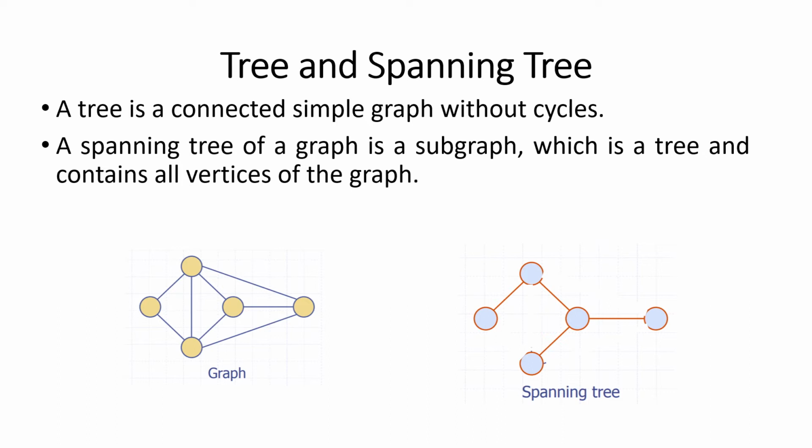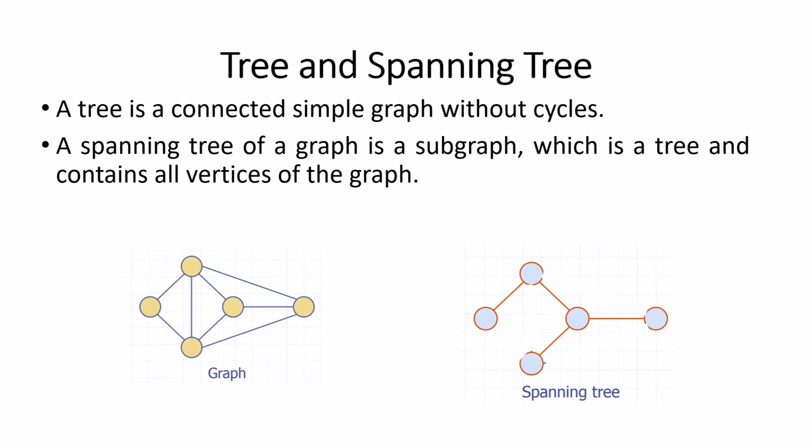Now, a spanning tree of a graph is a subgraph, and we know what a subgraph is. A subgraph has a subset of nodes and a subset of edges of a graph. So a spanning tree is a subgraph which is a tree and contains all the vertices of the graph.